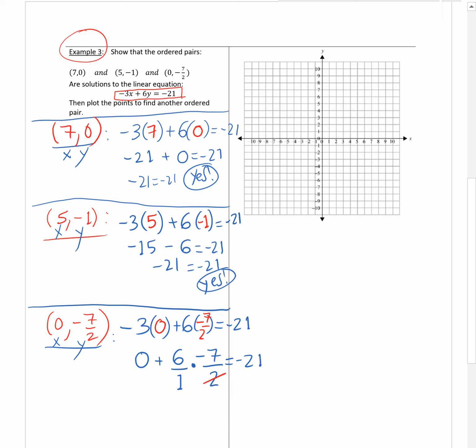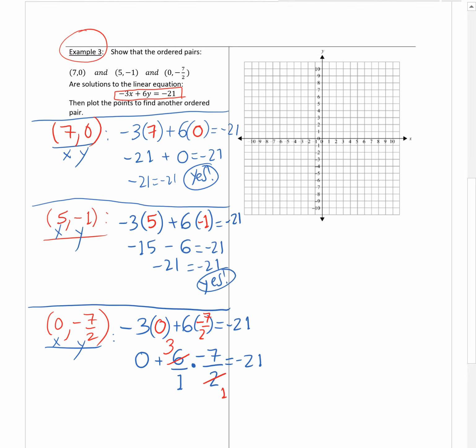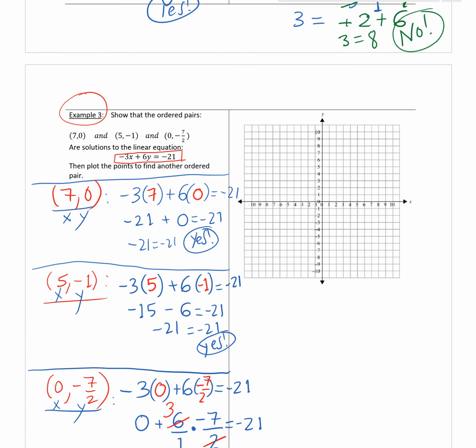I can see this 2 goes into 6 3 times. So the numerator ends up being 3 times negative 7, that's negative 21, over 1 times 1 is 1. But like we said before, anything over 1 is that thing. And that is true. Negative 21 is equal to negative 21. So I guess they were not lying about those 3 points being solutions. Alright, I guess I trust them.